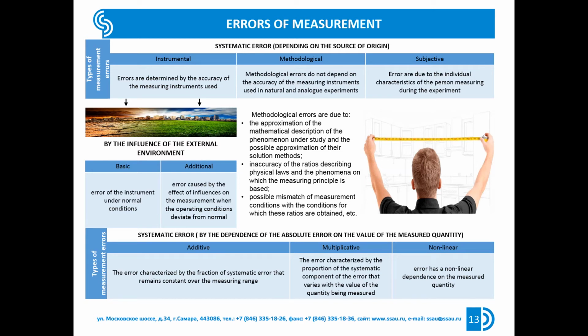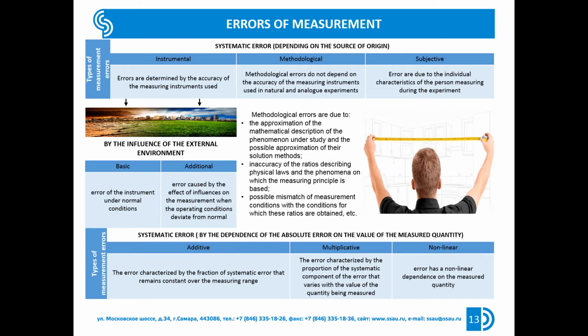Instrumental error has a specific meaning when applied to a mathematical experiment performed by means of a computer. The instrument is a computer, and the instrumental error is due to rounding calculations with a large but limited number of significant digits. Methodological errors are due to the approximation of the mathematical description of the phenomenon under study and the possible approximation of their solution methods.